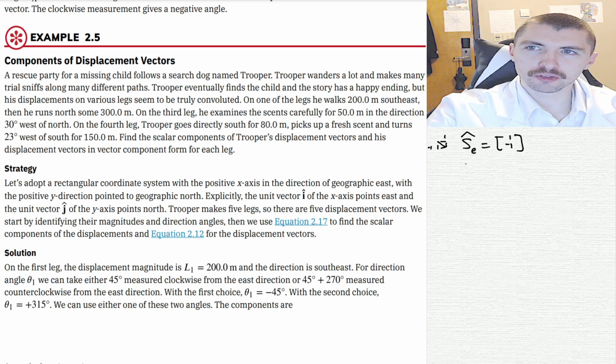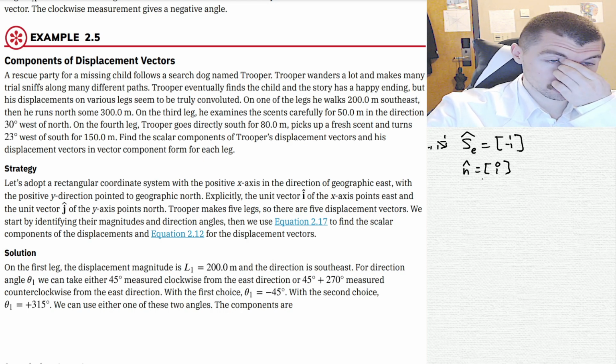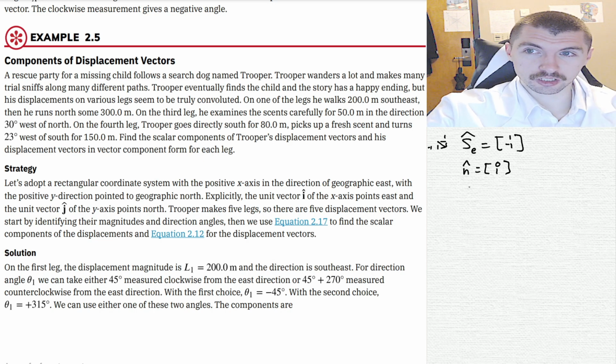Then he runs north, so our north hat is going to be 0, 1. Then it goes 30 degrees west of north. So how will we write this one? That is tricky.